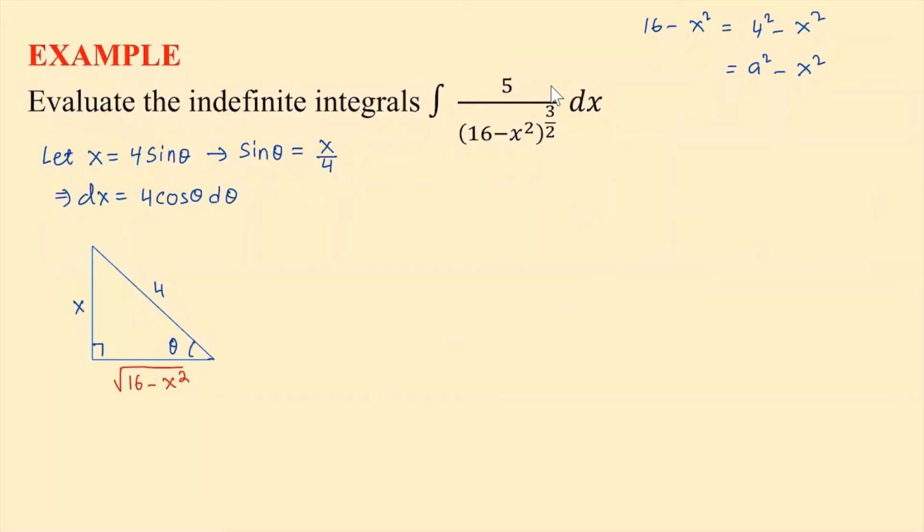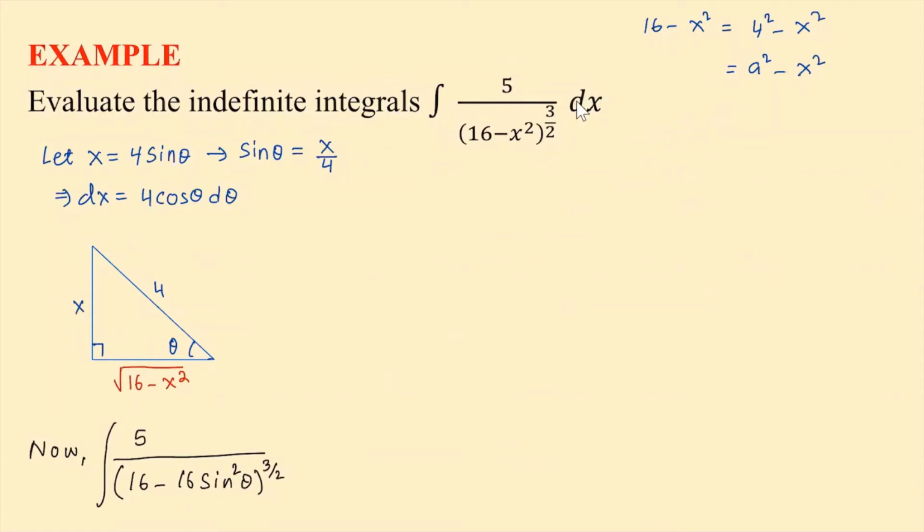Now we are going to make the substitution in this integral. So if we make the substitution, let's see what we get. In the numerator there is 5, divided by 16 minus x squared. X is 4 sine theta. When you square 4 sine theta, it will be 16 sine square theta. 16 sine square theta raised to 3 over 2.